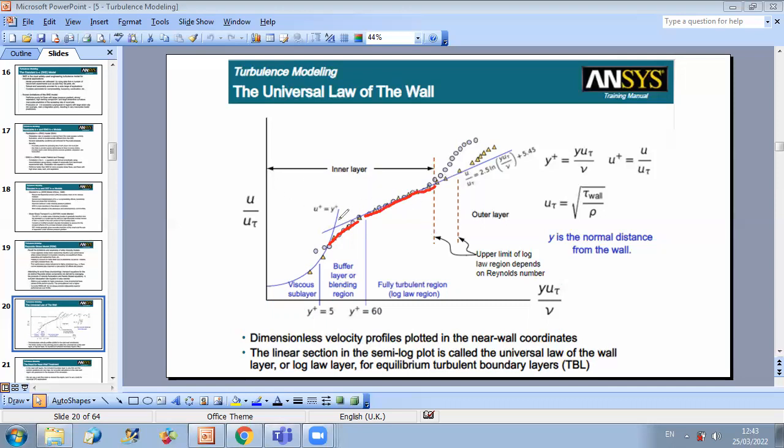So when I'm far away from the wall in the turbulent region, I can relate u plus as a linear function of y plus. And when I am very far, I can see another behavior that can also be computed through an equation.